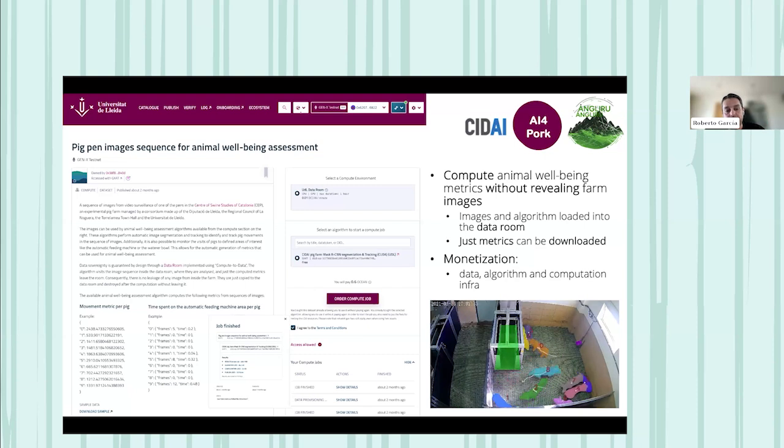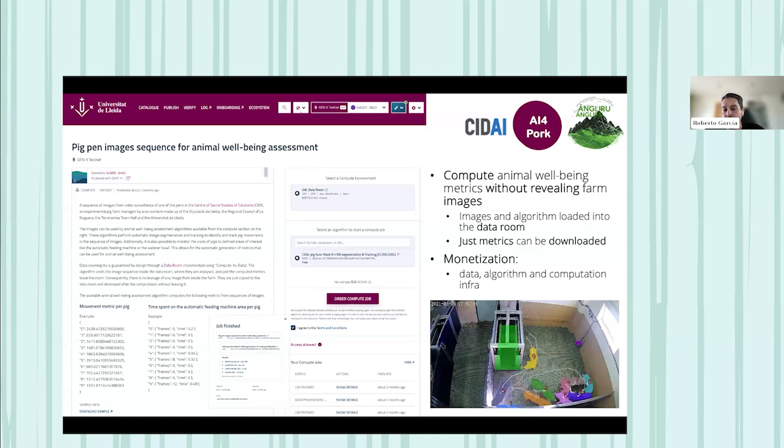So now the experimental farm can share a file, a data set that is basically a collection of pictures and a video of the inside of the pen. And we can apply over that set of images an algorithm that identifies the pigs, then tracks them, and derives from this information metrics about the well-being of the animals inside the farm.